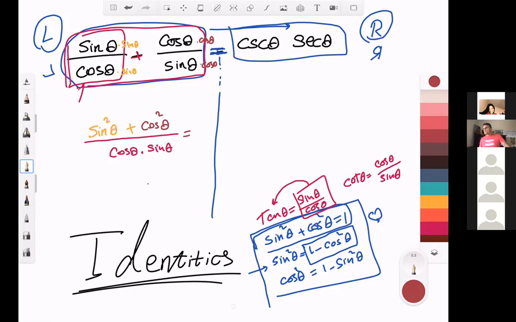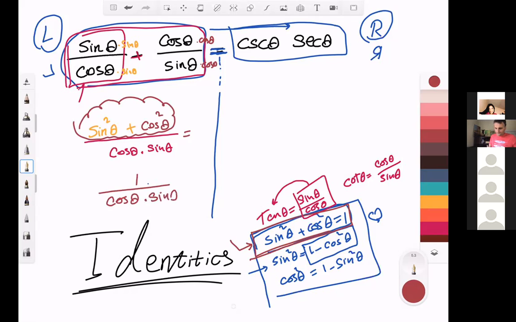What is sine squared plus cosine squared? It is 1, correct? Now, instead of this much, I can put 1 divided by cosine of theta times sine of theta.